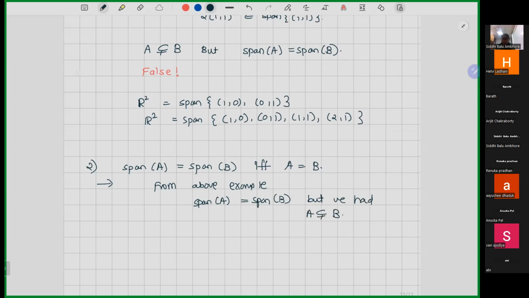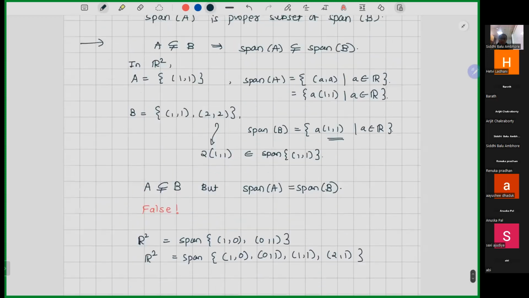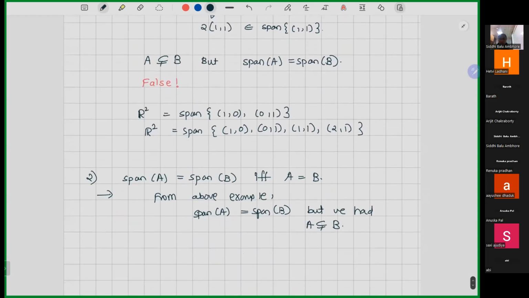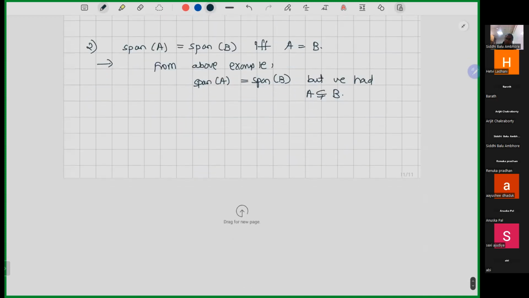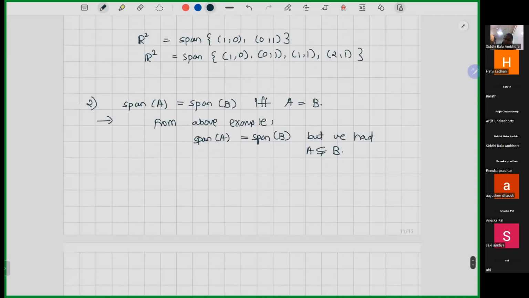From the above example, span of A was equal to span of B, but yes, as you also said, it is not necessary. In the above example A was a proper subset of B, but the other way around, the spans were not holding that condition. So the forward implication itself failed here. The span of A is equal to span of B, but we did not have A equal to B. Okay, so this statement is again false.